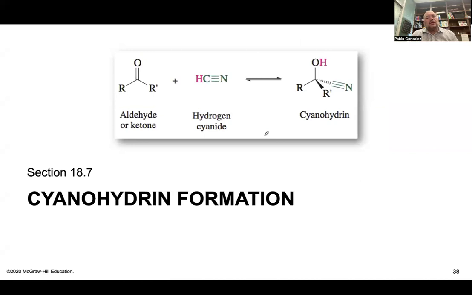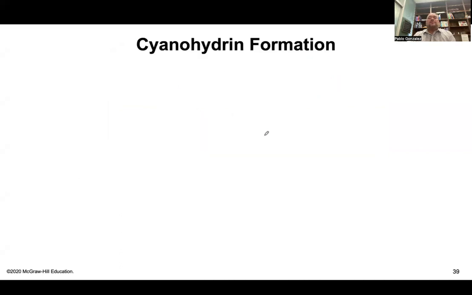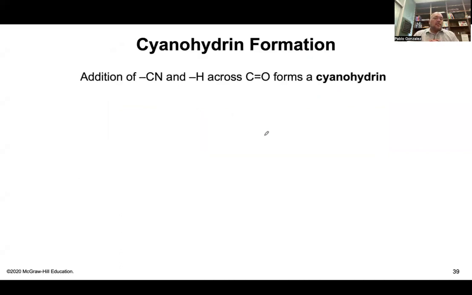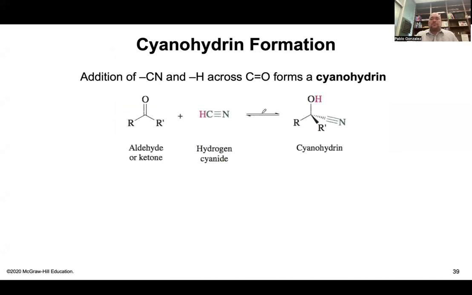Let's go now to section 18.7, cyanohydrin formation. So the addition of CN and hydrogen across the carbonyl forms a cyanohydrin. Okay, so cyanohydrin is the formation of this CN attached to the carbon and also an OH.